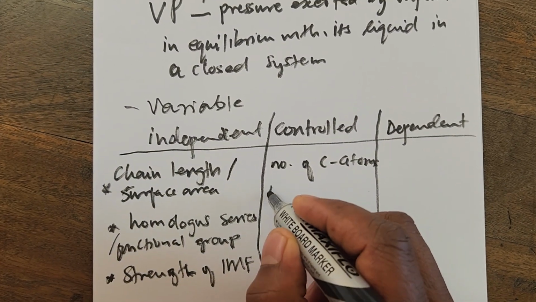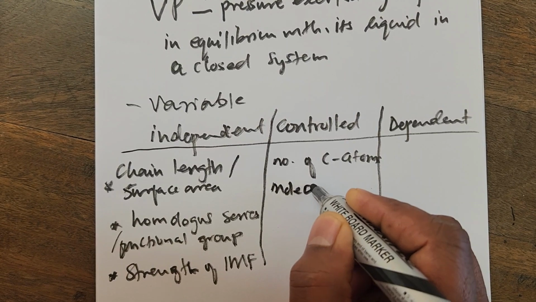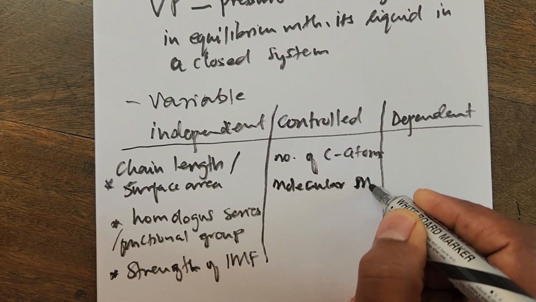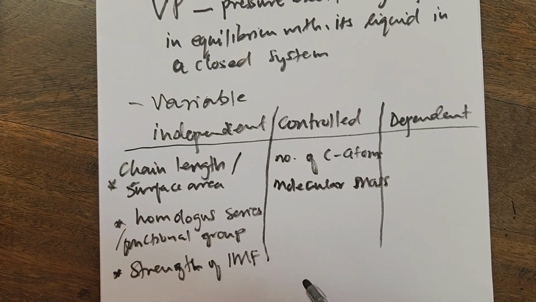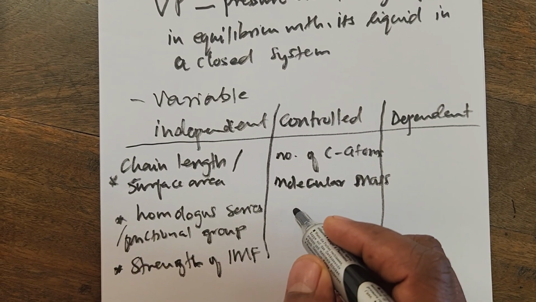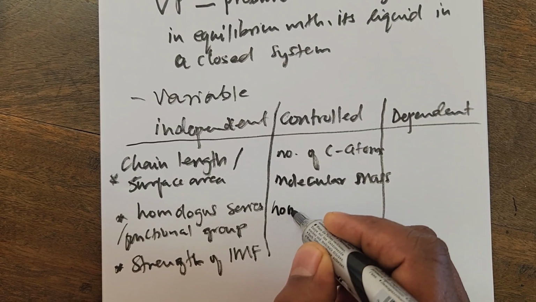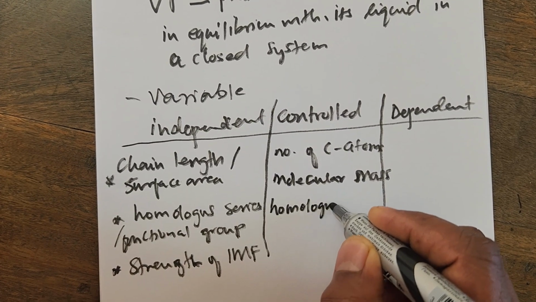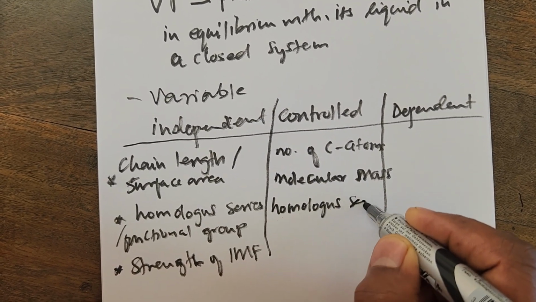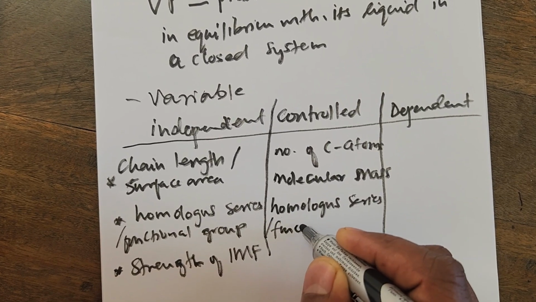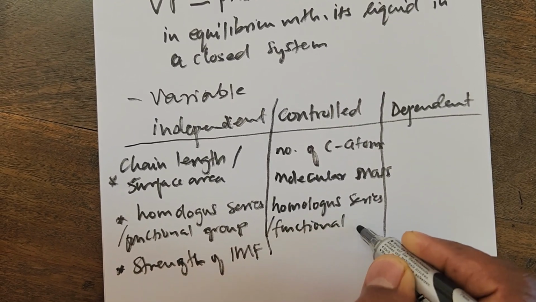We can have the molecular mass remaining the same. And then the third one, we can have homologous series. We can be comparing alkanes. What is remaining there is homologous series. Once you talk about homologous series, obviously the functional group also kicks in.